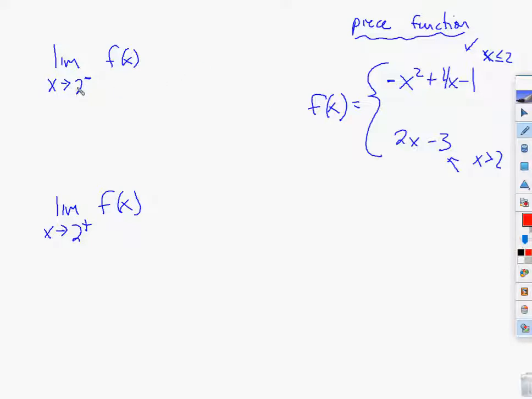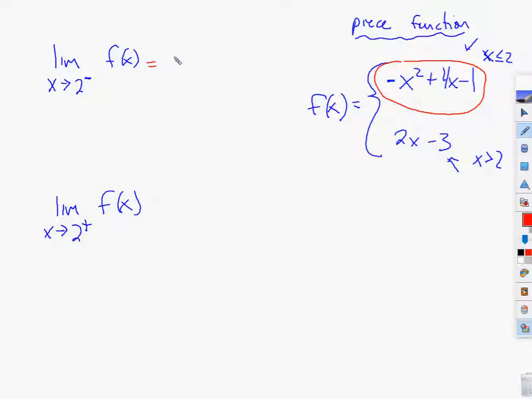So if x is approaching 2 from the negative side, which of these two will I use to calculate? This one, right? This first one. Why? Because it's defined on the interval where x is less than or equal to 2.